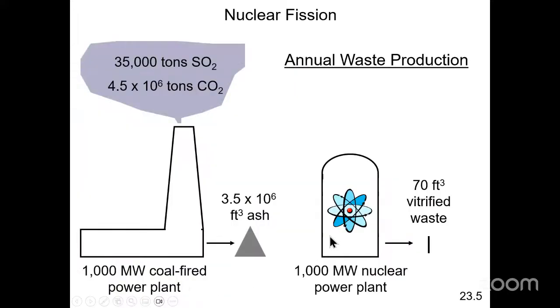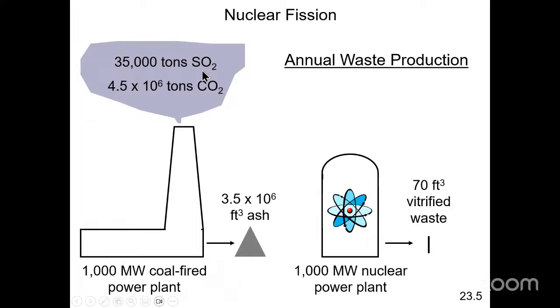Now here's a side-by-side comparison between the amount of waste that is produced, which is a very important concern when it comes to the use of nuclear fission, such as the one I just described. If you were to use a coal power plant to generate electricity, these are the numbers in terms of the waste that is generated, right?